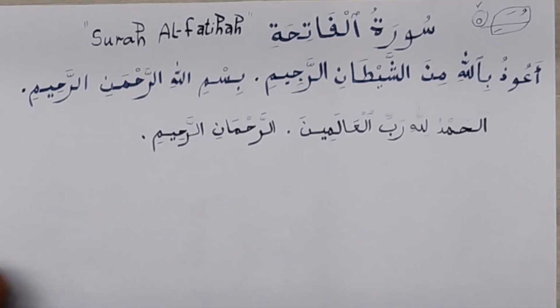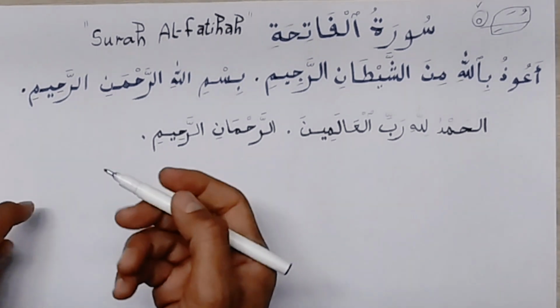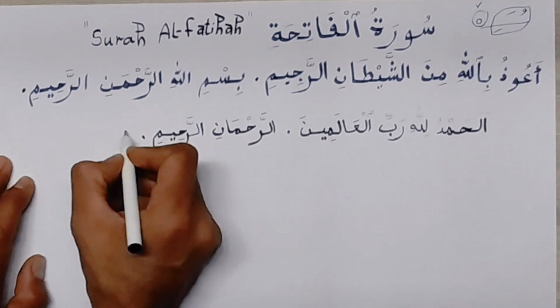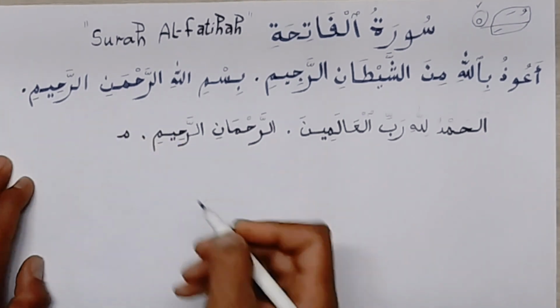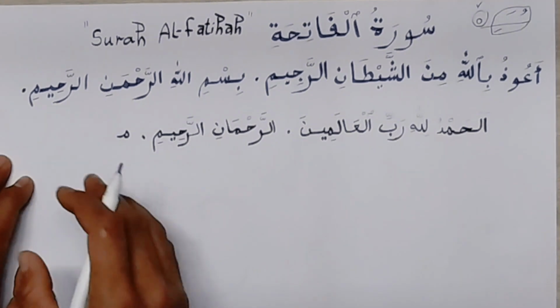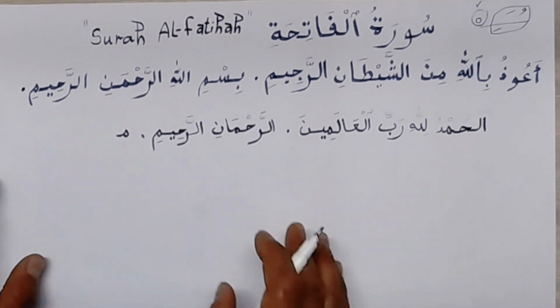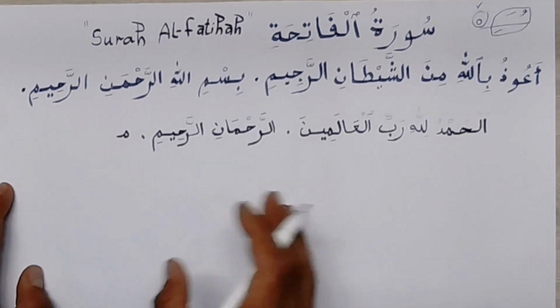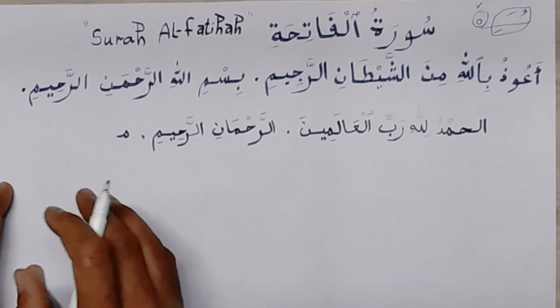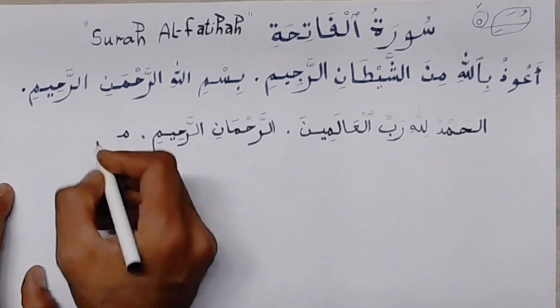Ar-Rahman Ar-Rahim. What comes after? Maliki. So we have Maliki and Maliki. Both are correct. Each one is in a different riwayah.